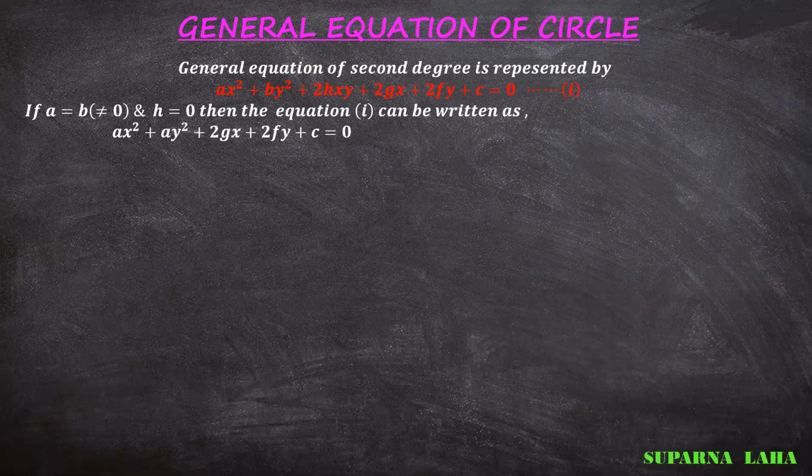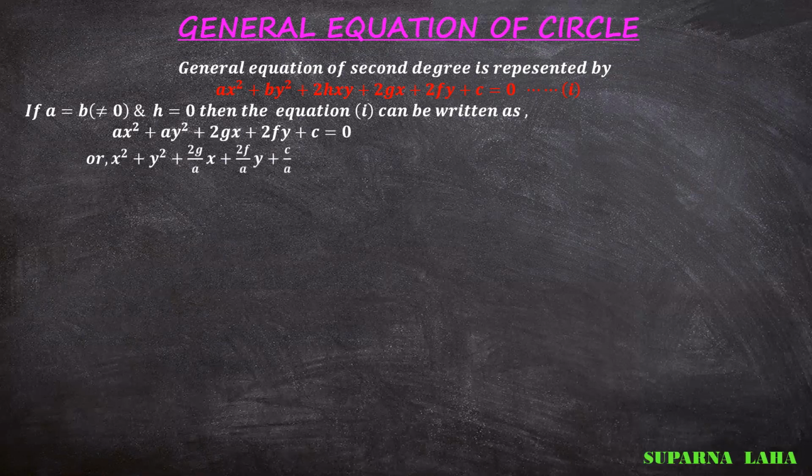Okay, now let us simplify this equation and find the standard form of this equation. If we want to find the standard form from this general form, ax square plus ay square plus 2gx plus 2fy plus c equals to 0, firstly divide this equation by a.